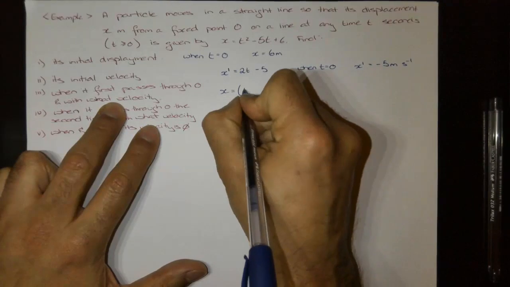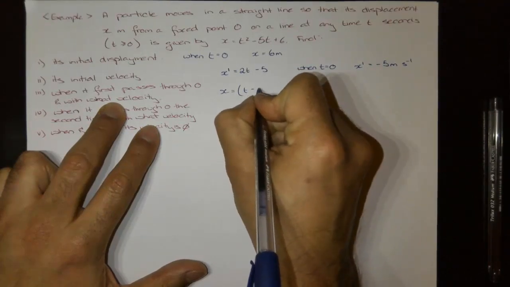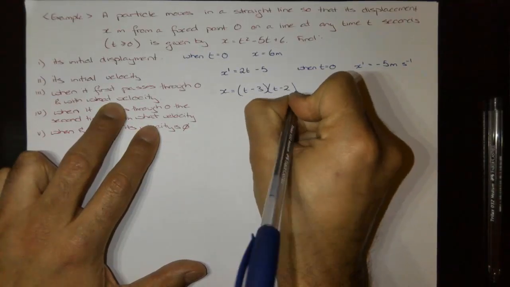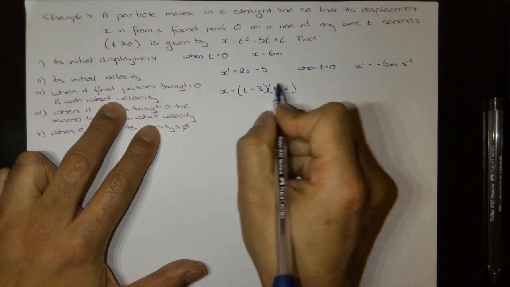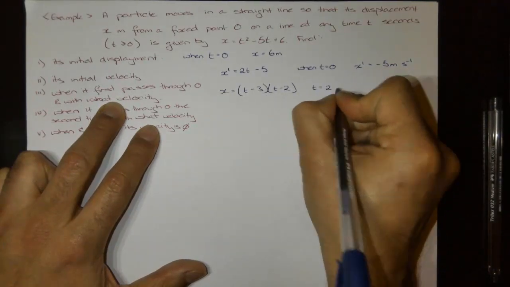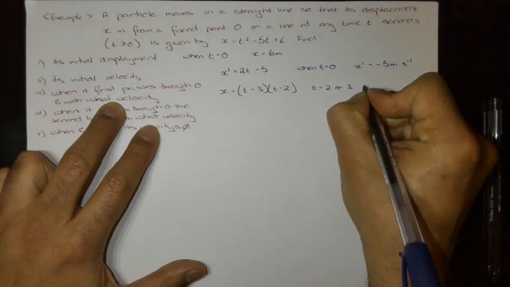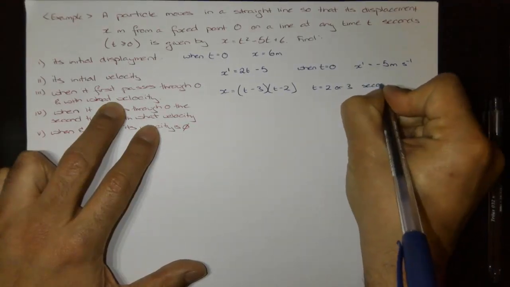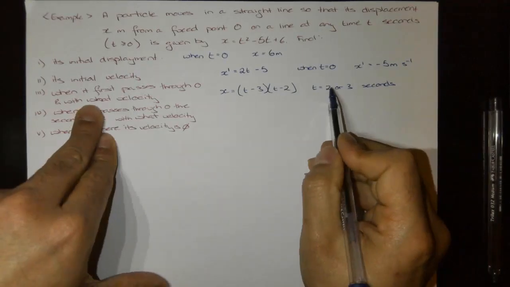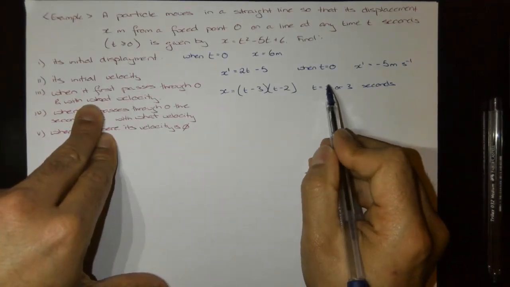So that's going to be t minus 3, t minus 2. So when this is 0, using the null factor, we know that t has to be either 2 or 3 seconds. The question says when it first passes, so it must first pass through 0 at t equals 2.